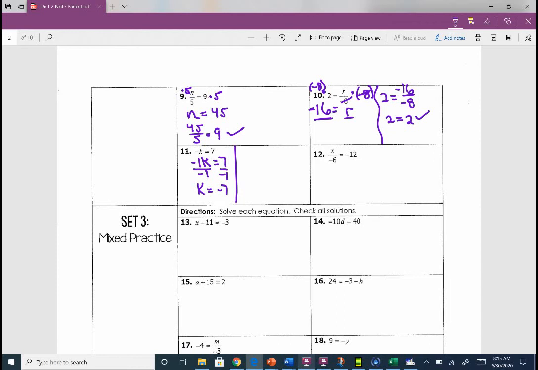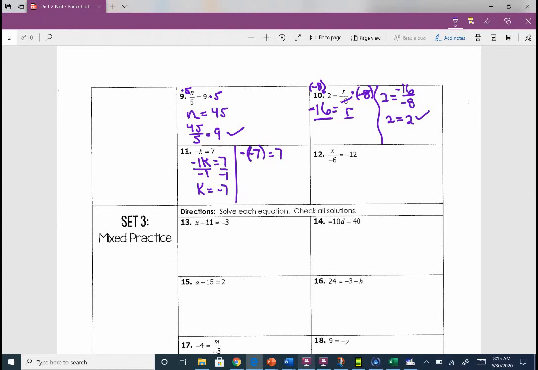So now when we check, there's a negative sign in front of the K, and then there's a negative sign in front of my solution of -7. So when we check, we end up with a double negative.